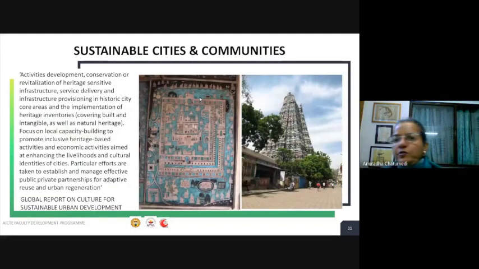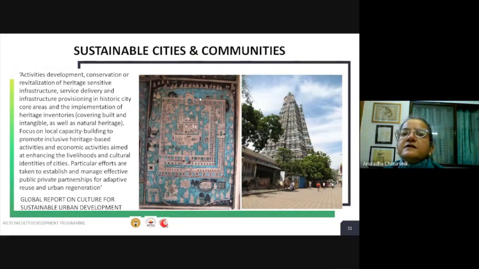The Global Report on Culture for Sustainable Urban Development remarks that for sustainable cities and communities, development, conservation, and revitalization of heritage sensitive infrastructure is a must.